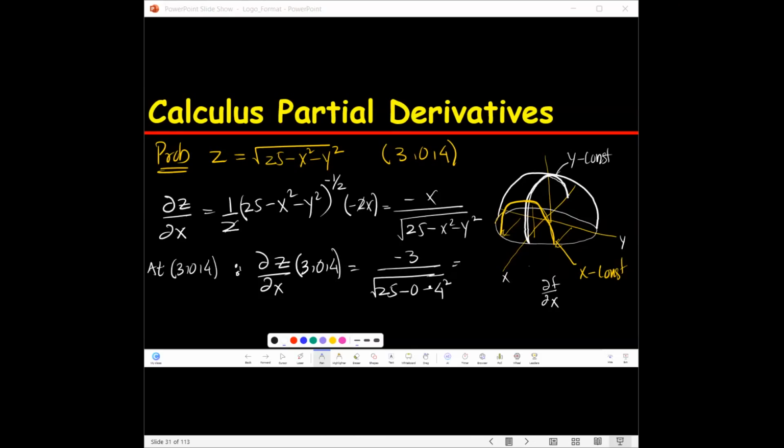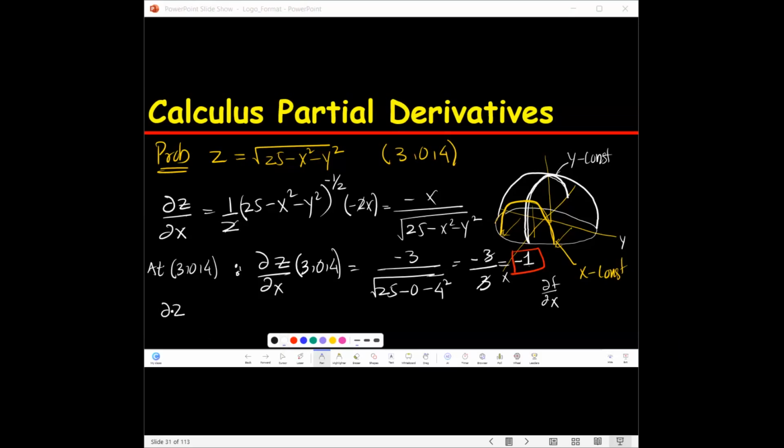If I do some math, it's going to be 9, so minus 3 over 3. The 3s cancel out, and the answer will be minus 1. That is my answer for the derivative of the function with respect to x.